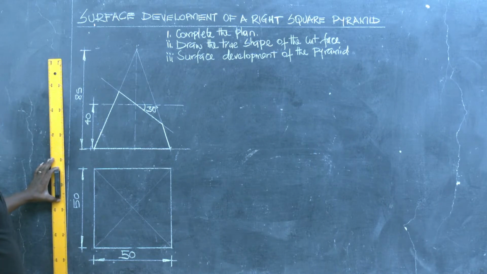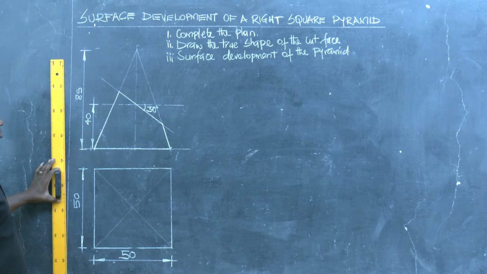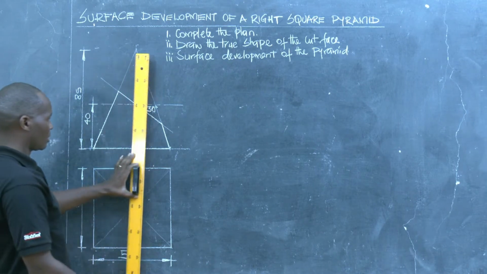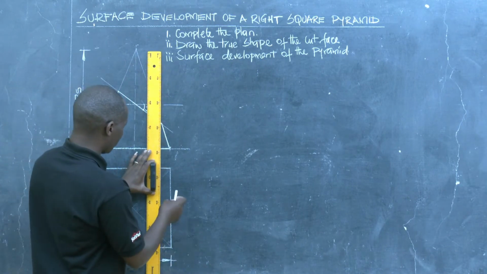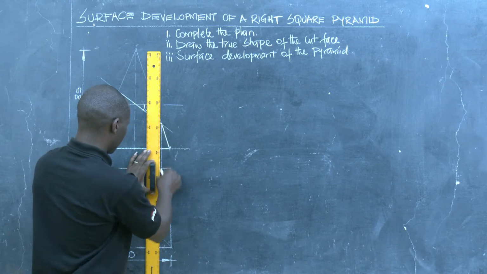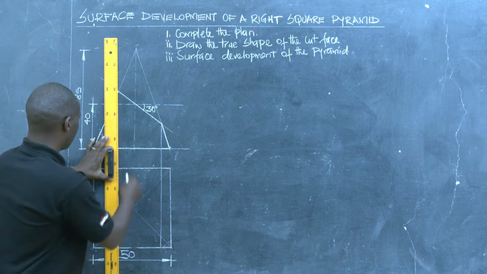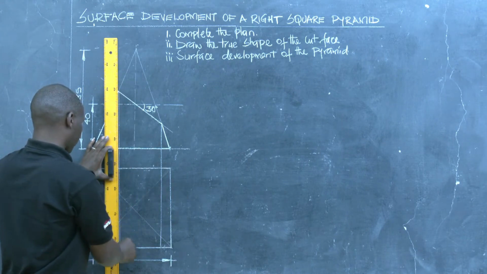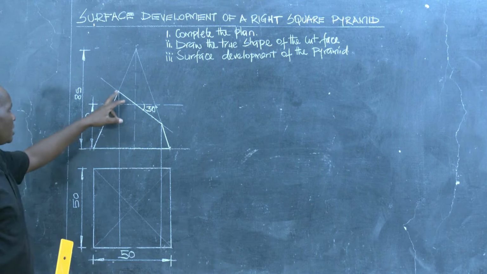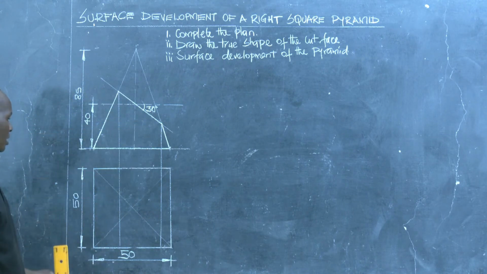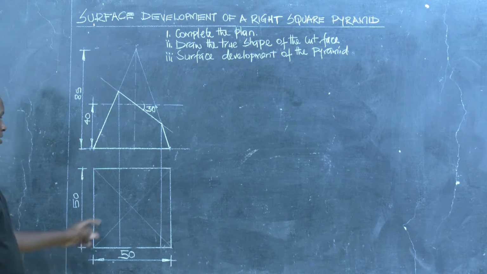That's where we will draw vertical lines to the plan to define the truncated face. So we draw two vertical lines from the points where the cutting plane has cut the pyramid, and they help us to define the truncated face on the plan.